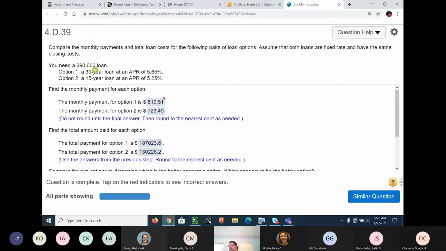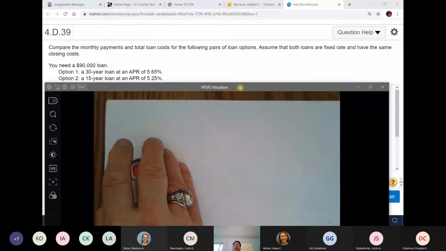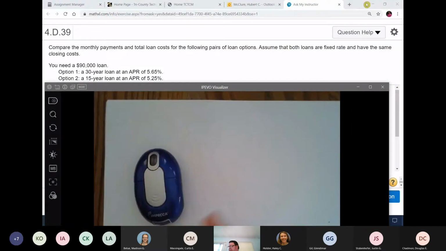Okay, so let's go ahead and go to the whiteboard. And here we go. They're going to want you to compare the two. We did this in class, but I think we did it with a car payment, didn't we? I can't remember. I remember doing 15-year and 30-year. Do y'all remember that?